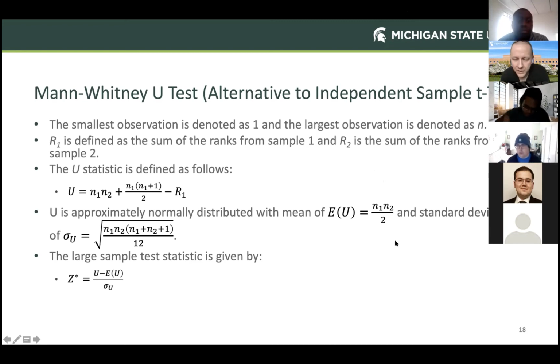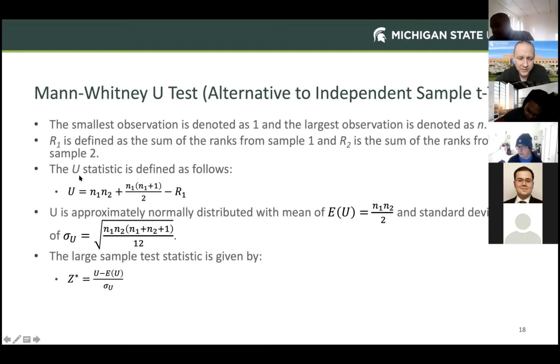And so in this test, all we're doing is we're taking all of our individual observations across both of the samples, and we're ranking them from 1 to n, okay? And so we're summing the ranks within each of those respective samples. And so that sum of the ranks for the first sample is R1, the sum of the ranks for the second sample is R2.